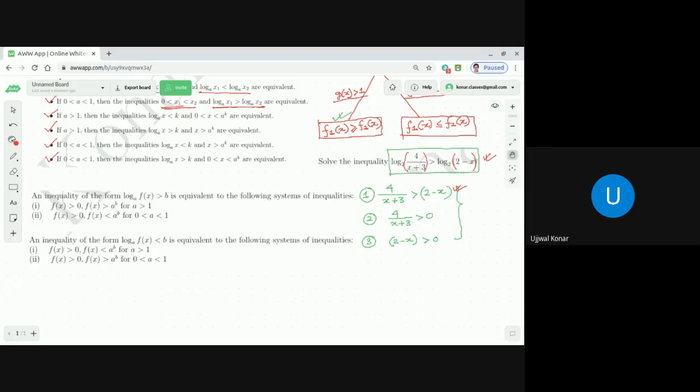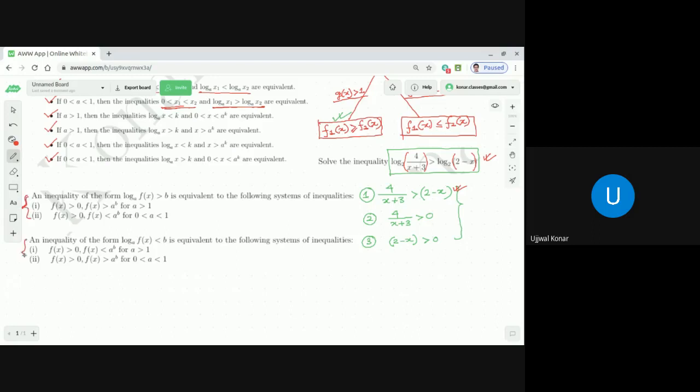The first one: f(x) greater than 0 and f(x) less than a^b if a is greater than 1. And the second one: f(x) greater than 0 and f(x) greater than a^b if a is between 0 and 1. If you look into these two cases very minutely, you will find that one is the complement of the other.